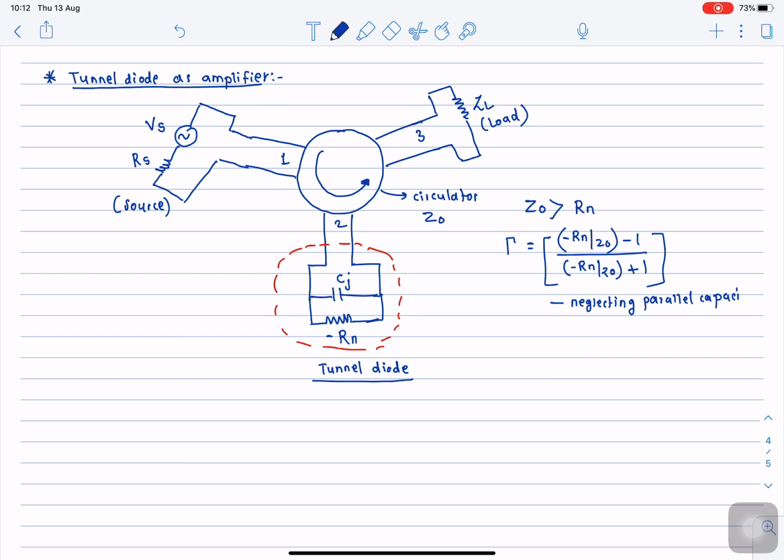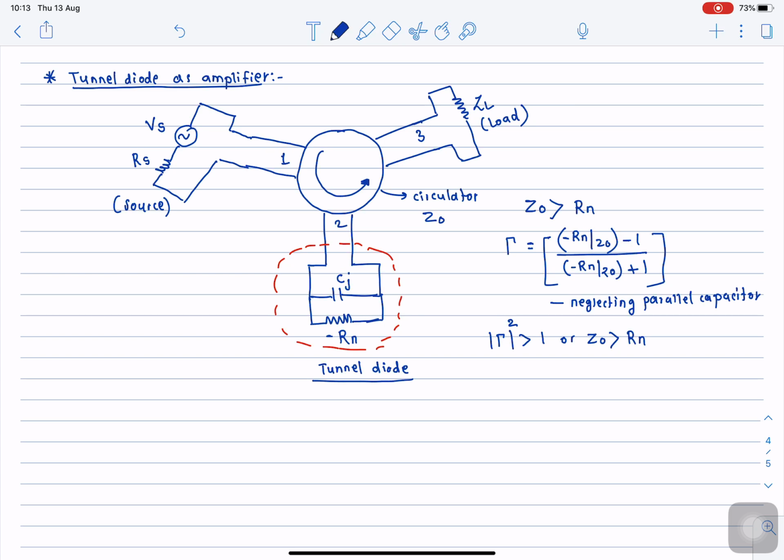So this is the reflection coefficient at port number 2. We can write that the magnitude of gamma squared, the reflection that will take place, is greater than 1, or we can say Z0 is greater than the negative resistance.